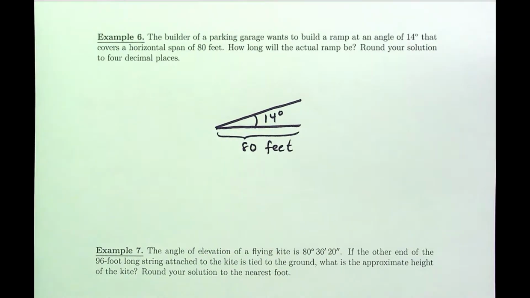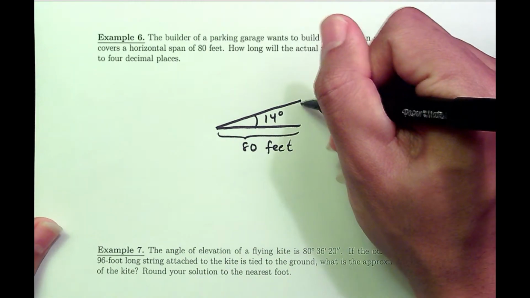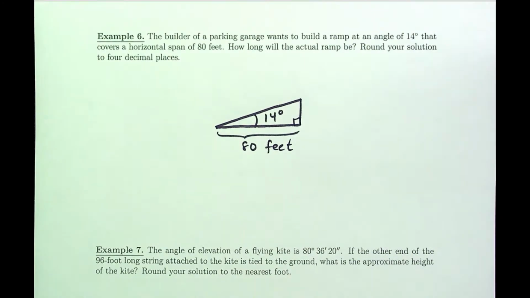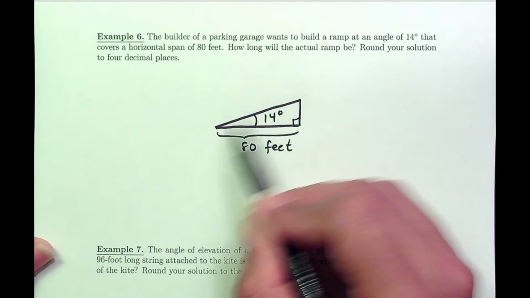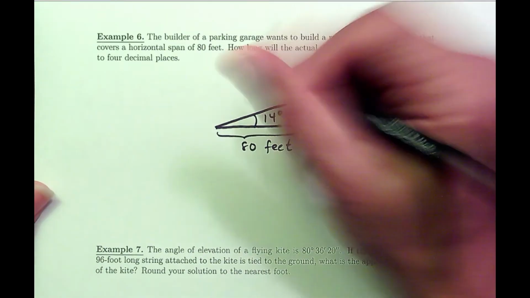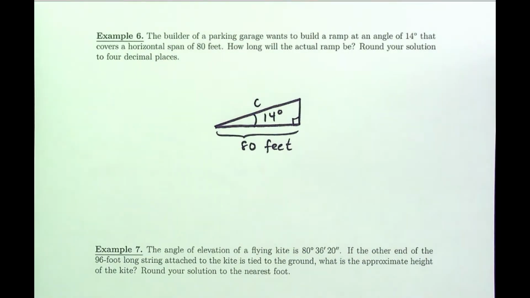Now if you draw the perpendicular, we complete this triangle. The question is how long is the actual ramp? So this is the actual ramp right here. We have to give it a name, like some variable. You can use x. I'm going to use c. And the question is, what is the length of c?